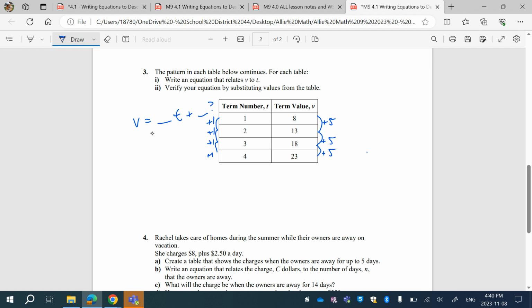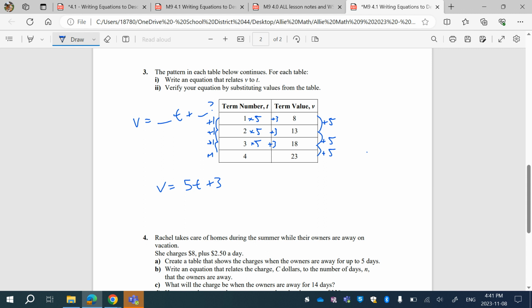It looks like we're multiplying this by 5 and then adding 3, because 1 times 5 gets you 5, and then we're adding a 3 to get to 8. If we try this times 5, you get 10, and then you add 3, you get 13. If you times this by 5 and then add 3, you get 18. So I'm going to think that our value here equals 5 times t plus 3.